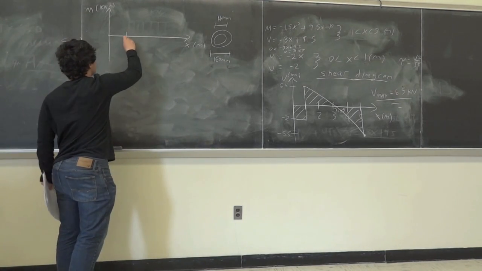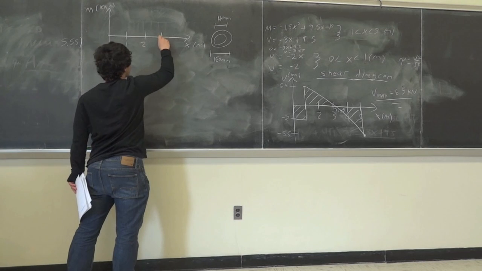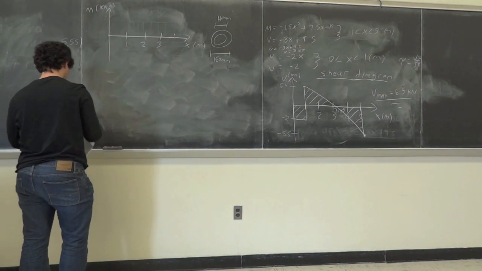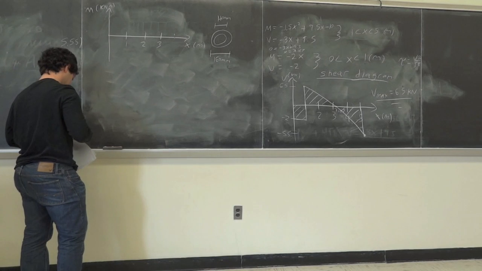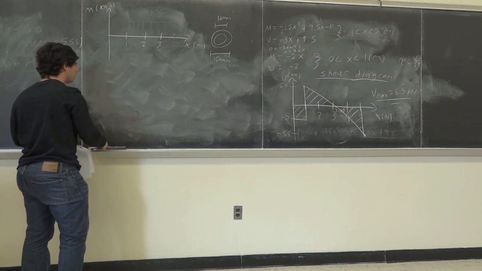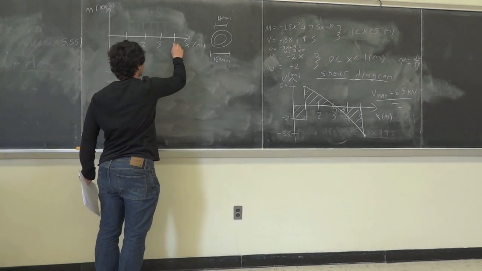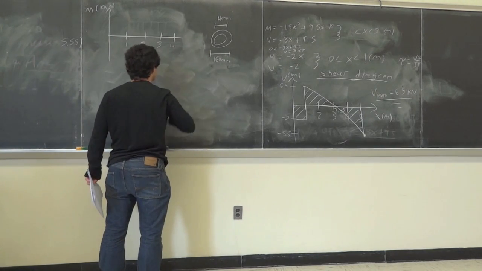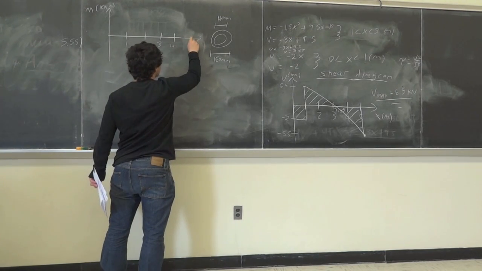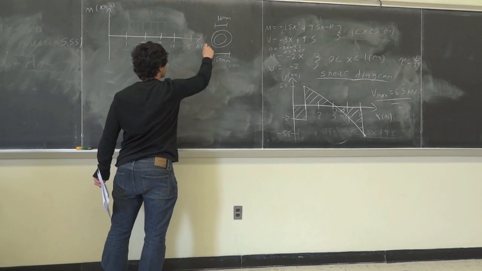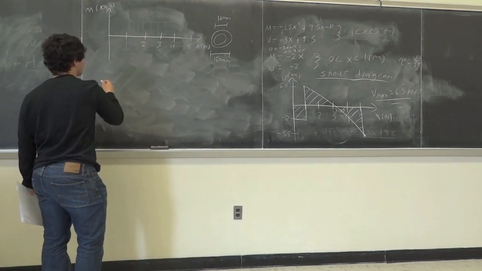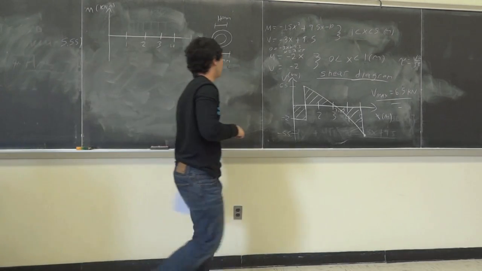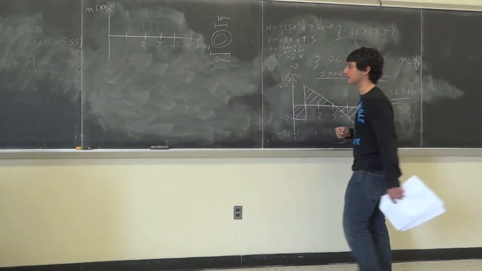All right, so this is 1, 2, 3, 4, and let's make it longer, 5. Okay, so now we have to figure out our y-axis for M. So what moments are we going to have on the y-axis?